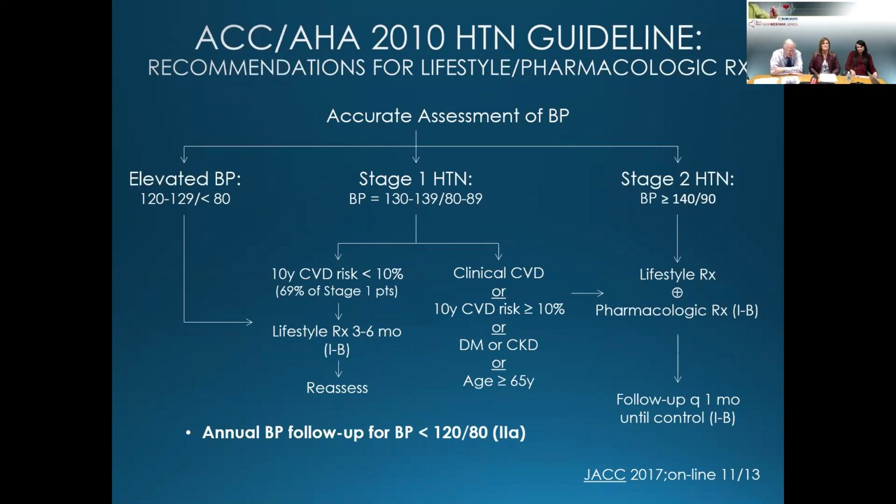On the other hand, patients with stage 1 hypertension, 130 to 139 or 80 to 89, whose 10-year cardiovascular risk is 10% or higher, and all stage 2 patients with a blood pressure 140/90 or higher receive both lifestyle modification and drug therapy and are followed up every month until their blood pressure is controlled to below 130/80.